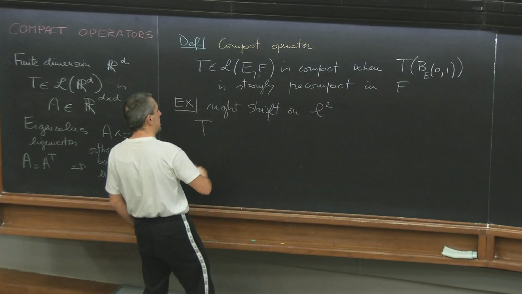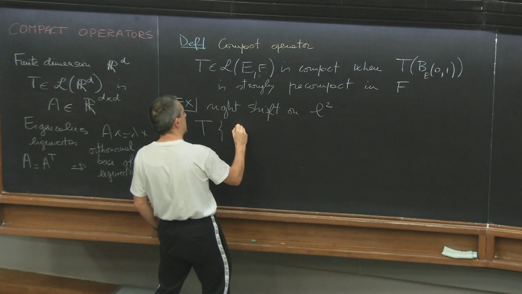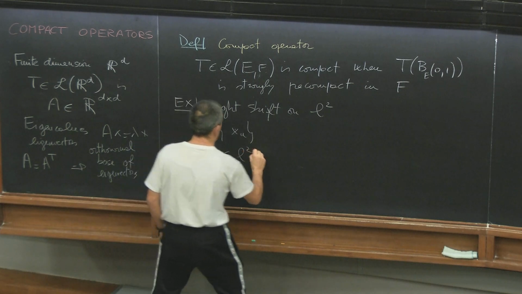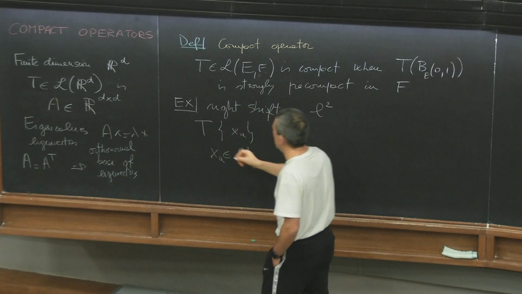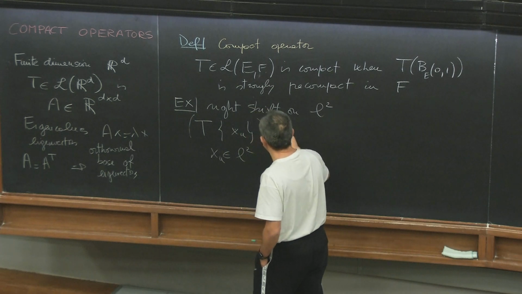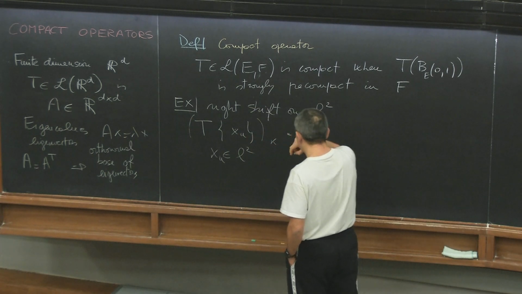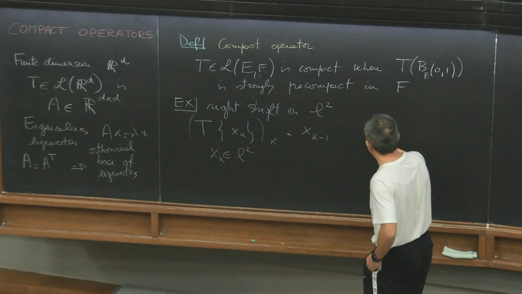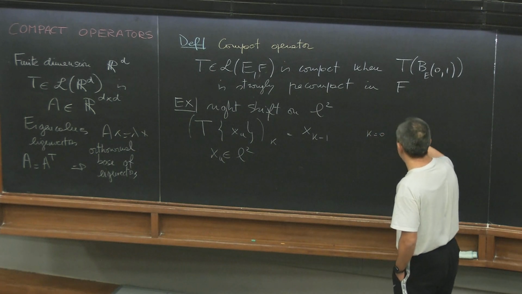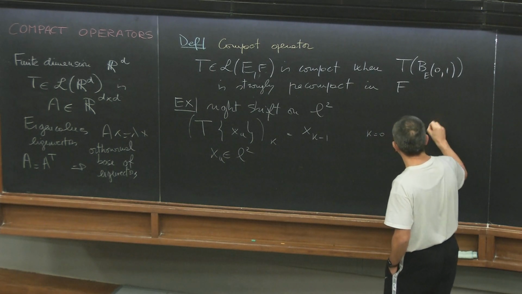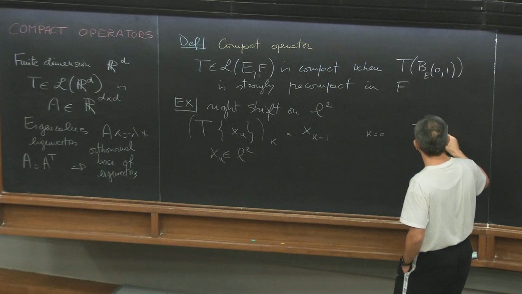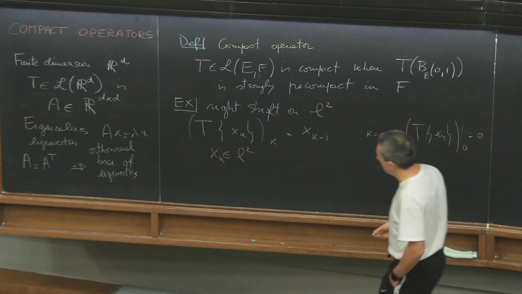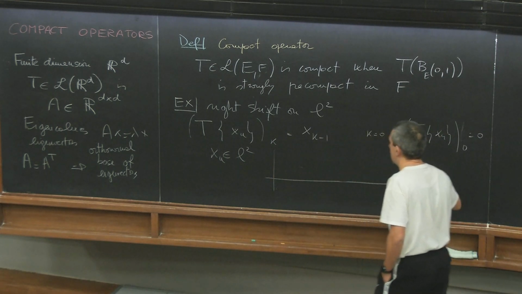So define T, which acts on the sequence x_n, with x_n in L2, so that its component k is equal to x_{k-1}, and if k is equal to 0, it is 0. So what we do now is the right shift.